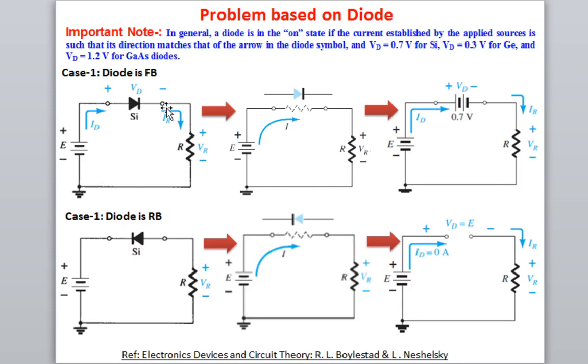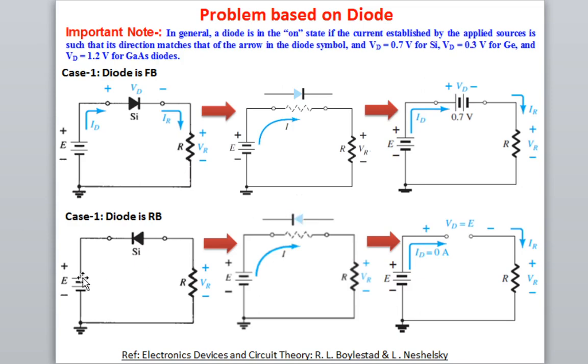In case of reverse bias, we know the diode offers infinite resistance. Here the battery will drive current in this direction and the diode direction is the opposite, so both are not matching, which means the diode is in reverse bias.